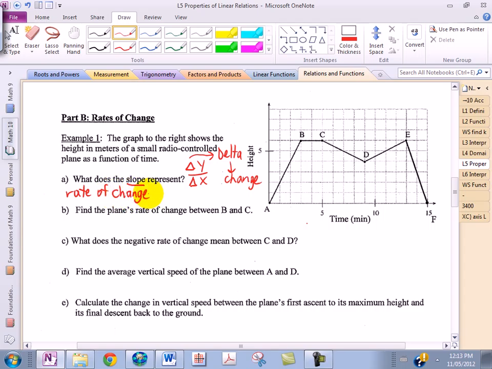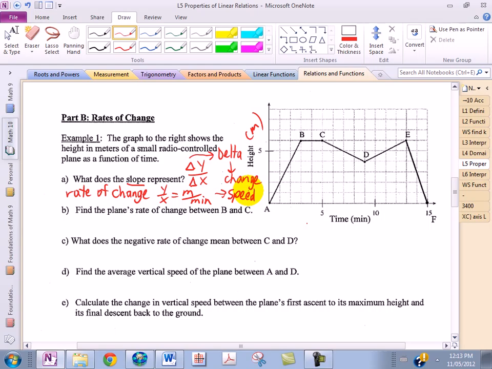Now for this one, the units of height is meters. So for us, it would be y over x, which would equal meters over minutes. So it's going to be meters per minute, which is your speed. What we're saying is, it tells us how many meters the plane goes up or down for each minute.